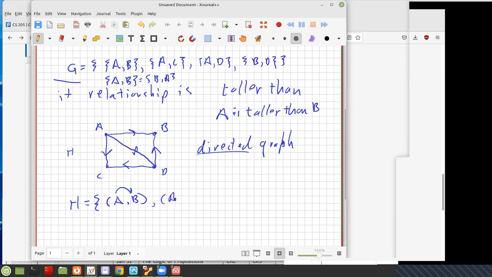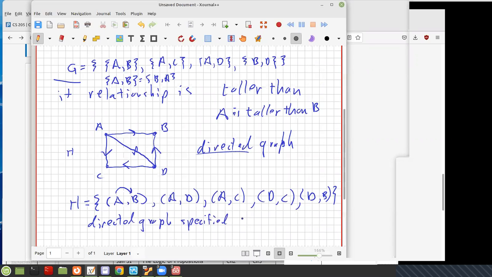Then we could have A, D, and A, C. We'd have to have D, C, this one, and D, B. So this is a directed graph specified as a set of ordered pairs.